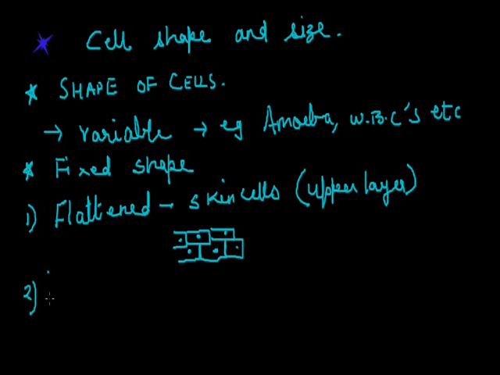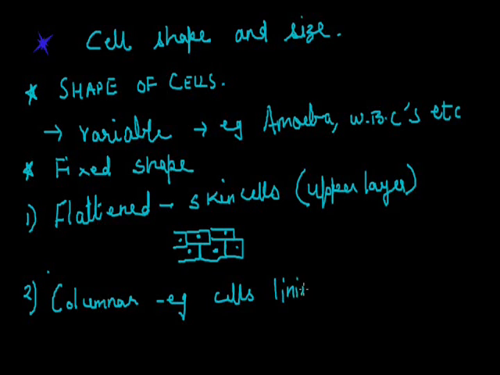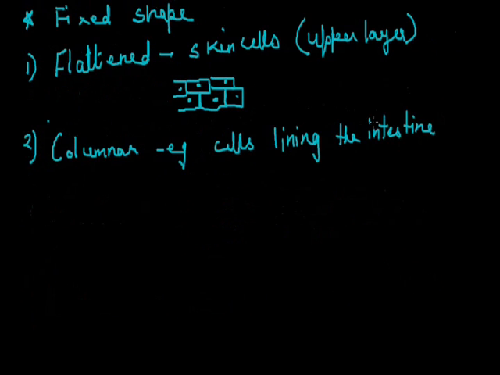The second shape may be columnar. For example, the cells lining the intestine. They have a columnar shape. The third shape can be discoidal.